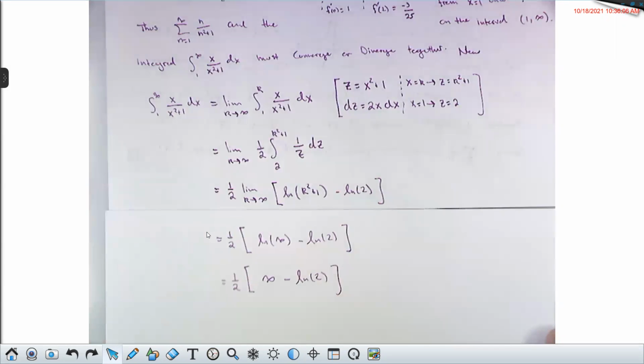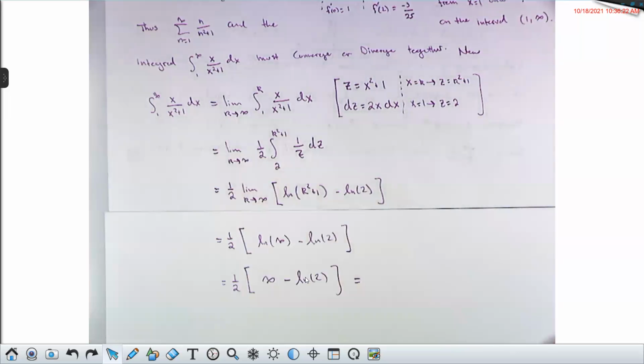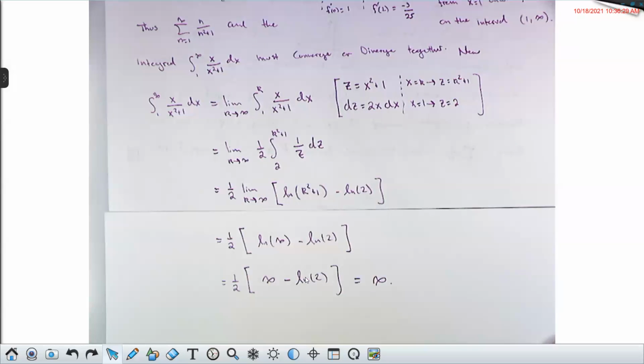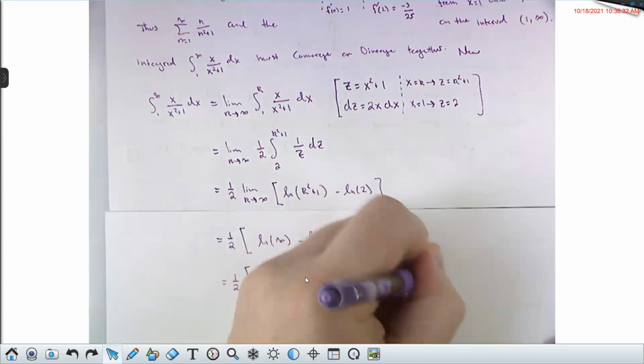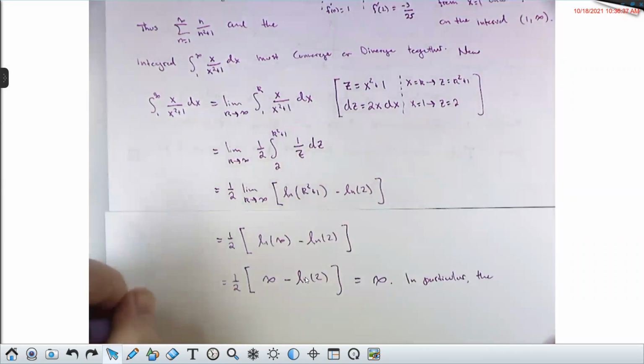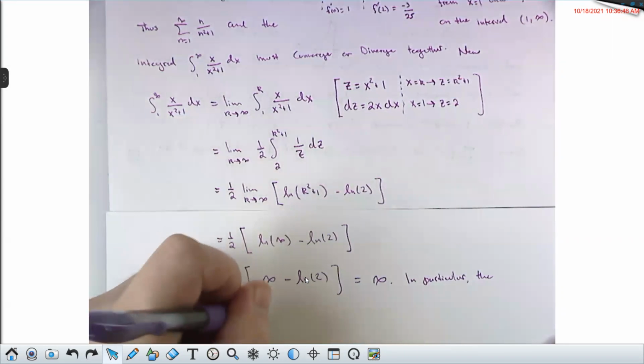How big is the natural log of 2? Just roughly. About 1. Yeah, it's smaller than 1 even. It's like 0.69, because the natural log of e would be 1 and 2 is smaller than e. So this is definitely infinity, right? 1/2 times infinity minus some small number is definitely infinity. In particular, the integral from 1 to infinity of x over x squared plus 1 dx diverges.